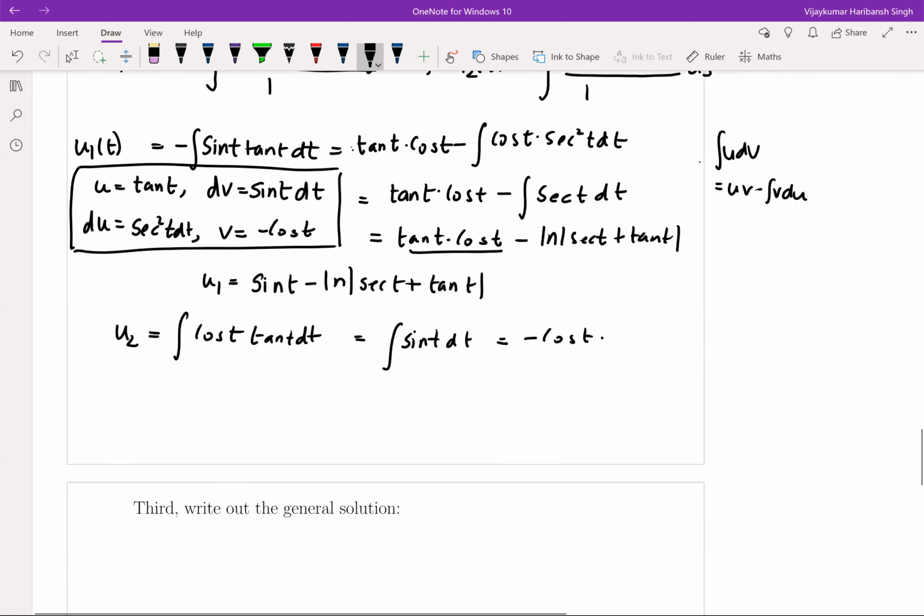So therefore, what is your yp? Your yp is going to be u1 y1 plus u2 y2.